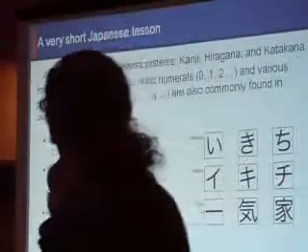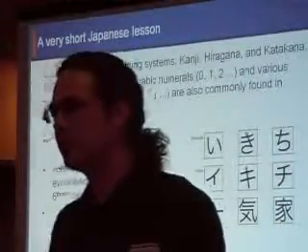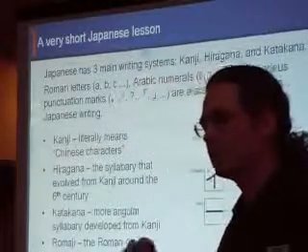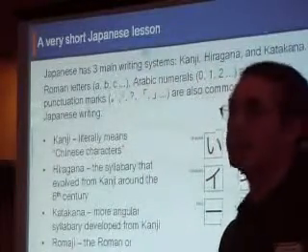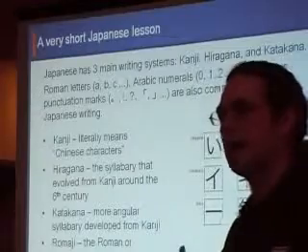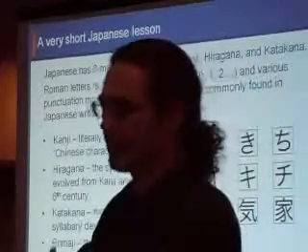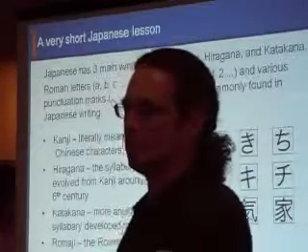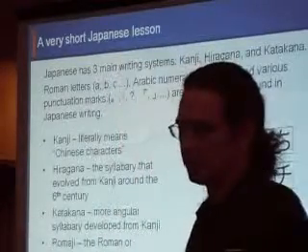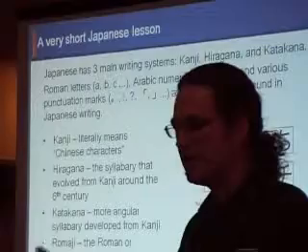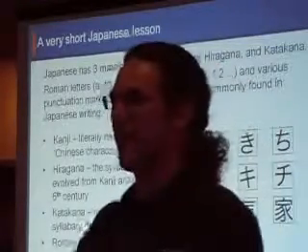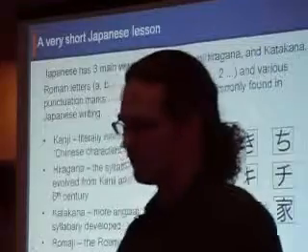So there are 3 main writing systems, and you can really think of it as 4. There is kanji, which is lifted wholly from the Chinese writing in about, I think, the 5th century common time or AD. There is hiragana, which is a syllabary, meaning it's the sound symbols of how to say something.